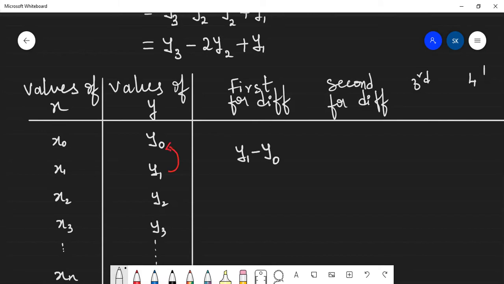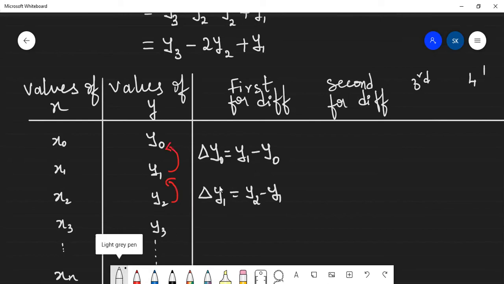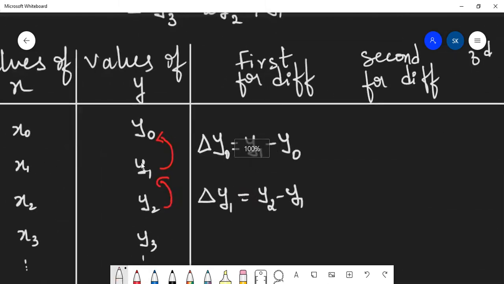What was the notation? Forward delta operator and y0 was the notation. Yes or no? Then what is the next one? The next one I'll do y2 minus y1. What was the notation? Forward delta y1. You should write it in between these two, not in the first row, not in the second row. It should be between y0 and y1. The value should be written in between y0 and y1.